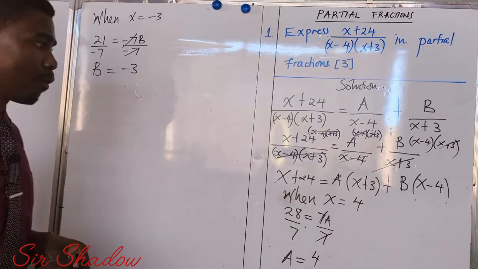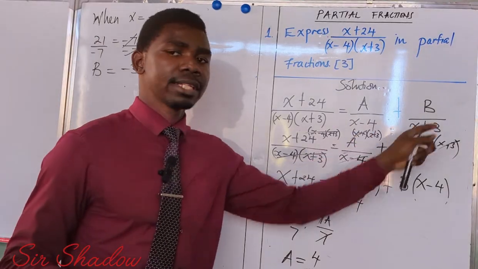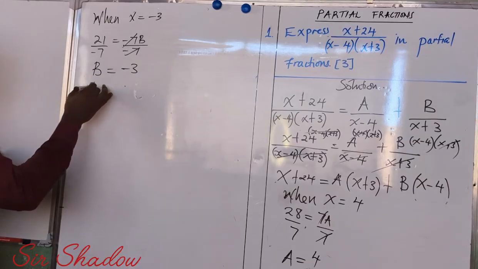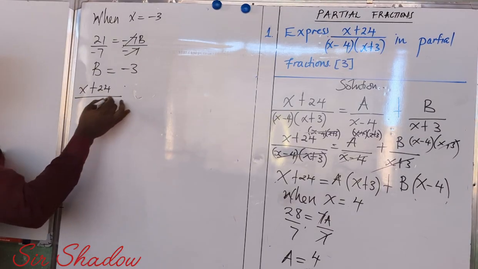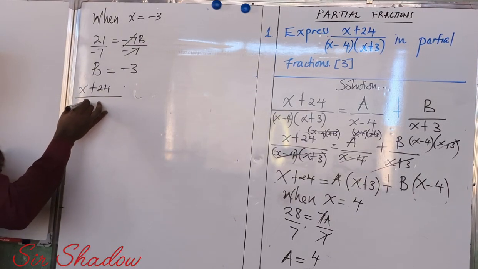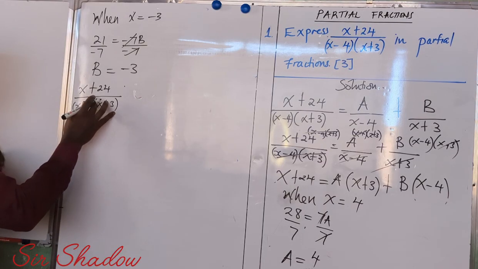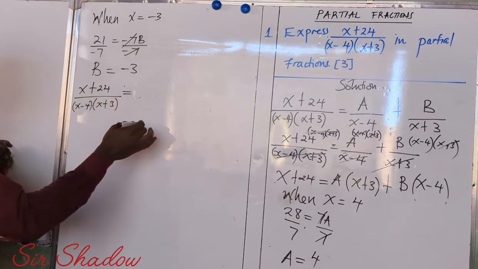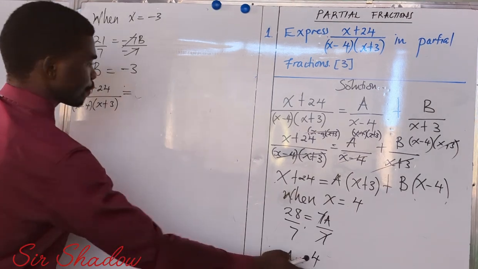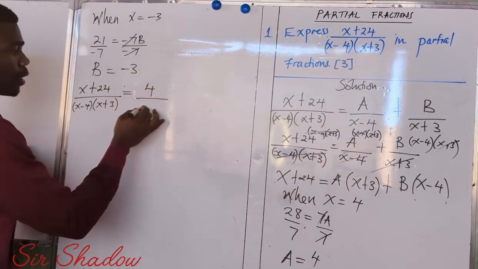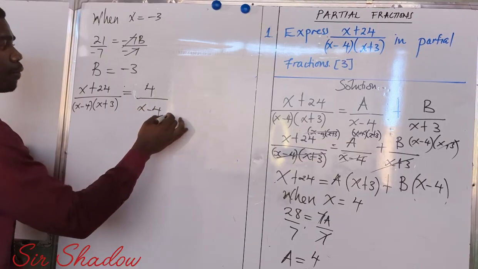Just remember our aim for doing this is to find the value of a and the value of b, then substitute. So let me just say x plus 24 over x minus 4 times x plus 3 is equal to, the value of a is 4, so I have to put 4 there, over x minus 4.